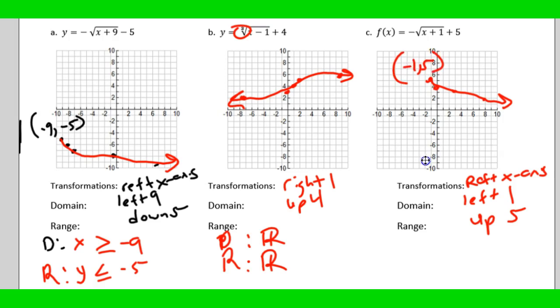So now for the domain, again, the x values are getting larger. They're going that way. So we're gonna say that x is greater than or equal to -1. And for the range, we can say that all the values are decreasing, right? It's going down. So it's getting less than 5. So y is less than or equal to 5.